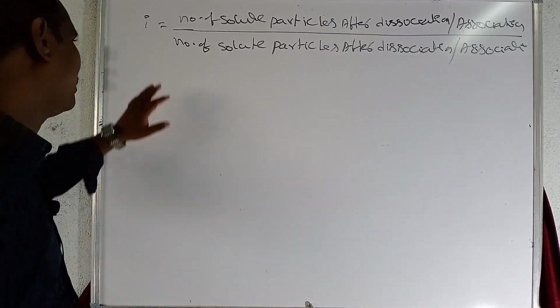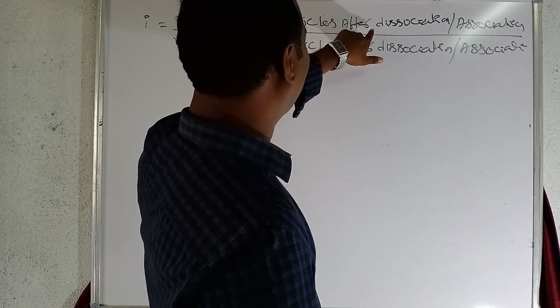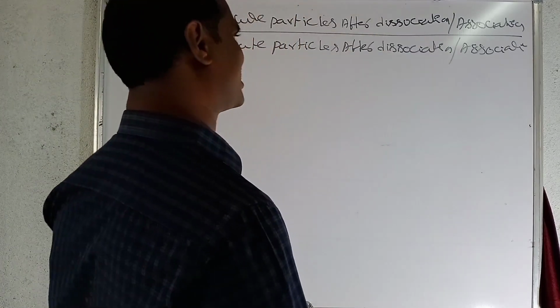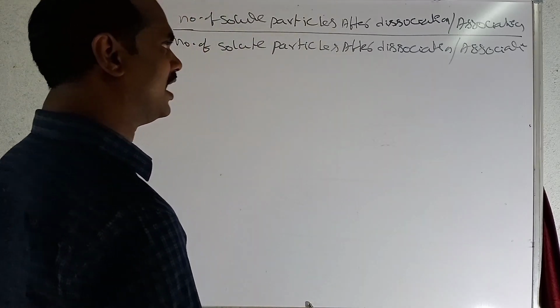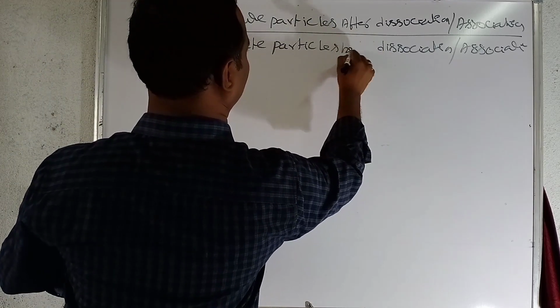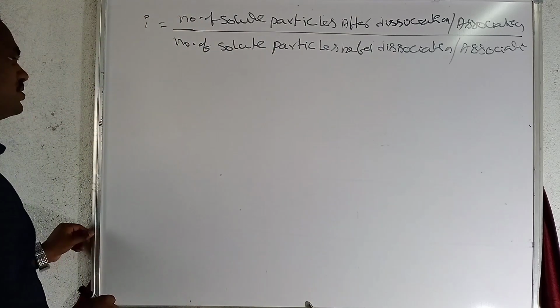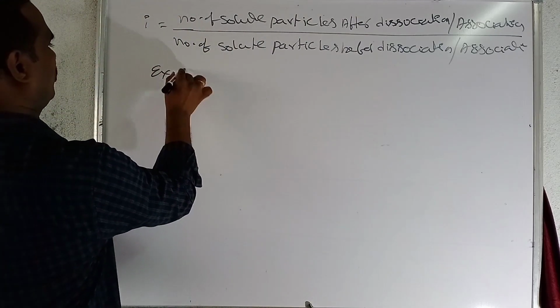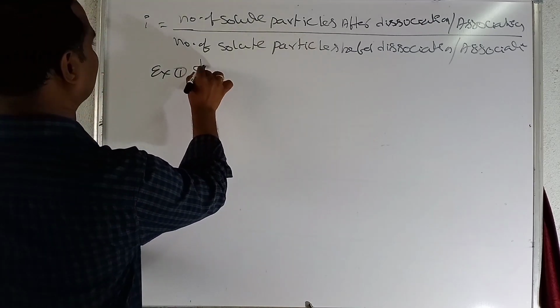Among them, one formula I have taken here for the Van 't Hoff factor: the number of solute particles after dissociation or association by the number of solute particles before dissociation or association. Here for this, one example you have to see, for dissociation.